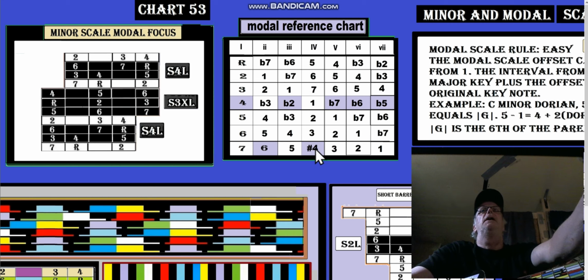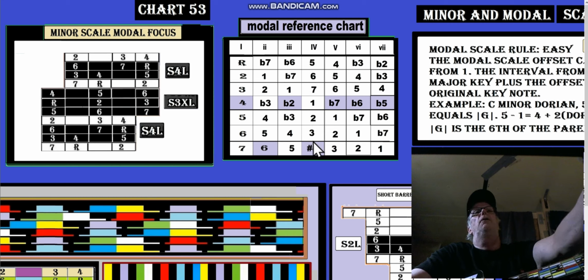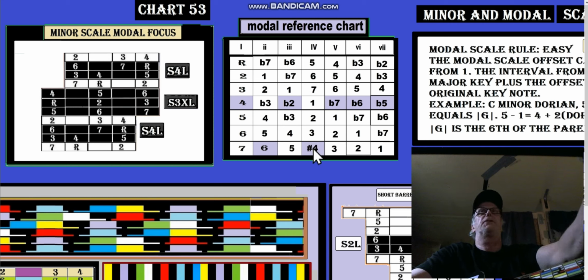But what it is if you start on the Lydian, it assumes you're going to make a major scale there. So 1, 2, 3. No, we have to sharp the 4th to stay in the key of C.